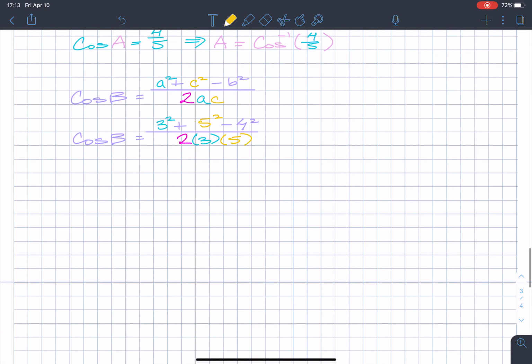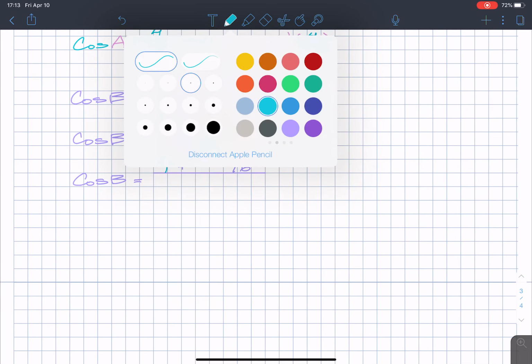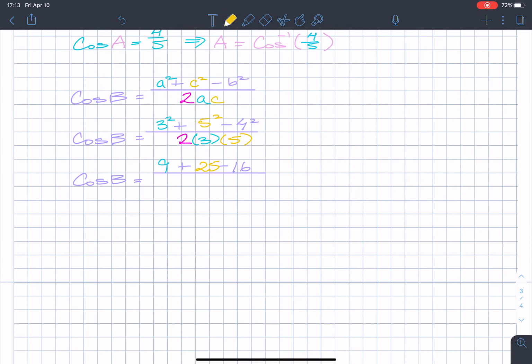Okay, so what do we have here? We have cosine of angle B is going to be 9 plus 25 minus 16 all over 6 times 5 is 30.